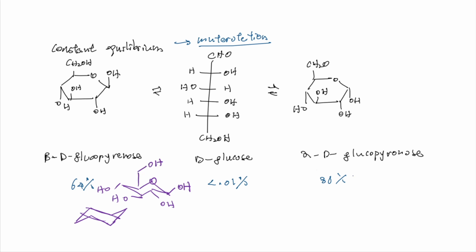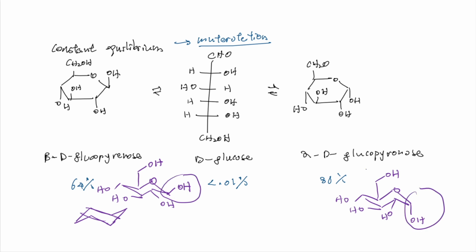And then for the alpha, OH, OH, OH, OH, and then you can see the only difference is here when it's equatorial, when it's an axial bond.